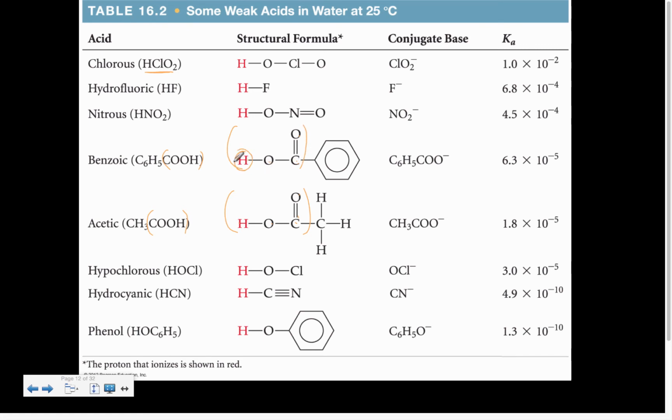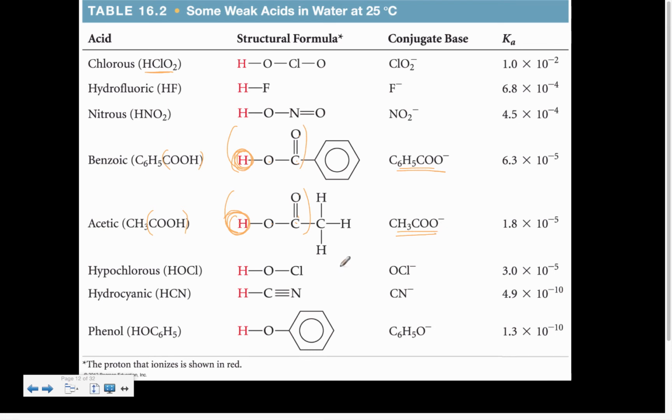And by extension, that proton is ionizable. That proton is losable, meaning that this can be deprotonated. It could also be called the acidic proton. So that acidic proton can be removed or lost, forming the deprotonated conjugate base.